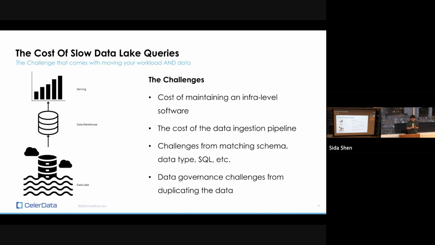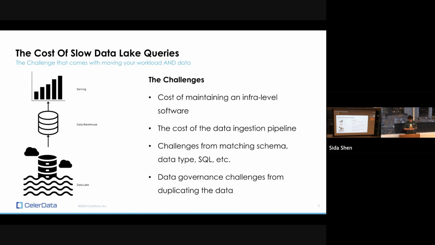And then you have to consider the cost of the data ingestion pipeline. Not for a few tables, but for thousands of tables. That's a lot of pipelines to maintain. Writing terabytes, petabytes of files from one format to another uses a lot of resources and is really error prone. And then you have to consider the challenge of matching the schema and data types, and redesigning the table indexes in the data warehouse.